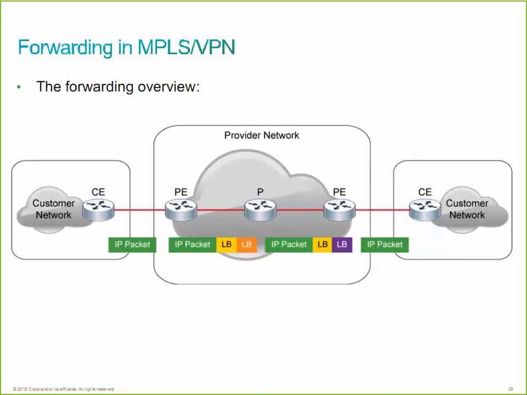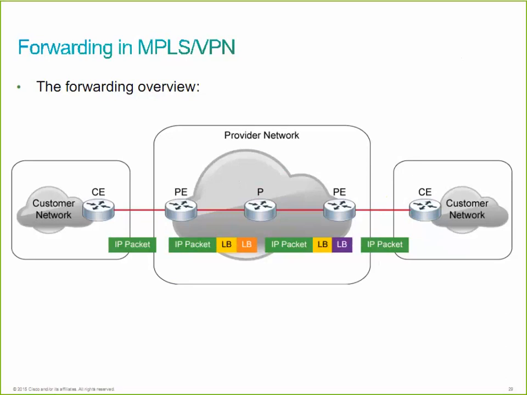So each P router, and this is where the P routers come into play, each P router makes a forwarding decision based on that top level label, not the VPN label, not the bottom label. Okay? The top level label is what gets swapped with a new label. The underlying packet and the inner label get left. They're never changed, never swapped, and they stay the same throughout the entire process.